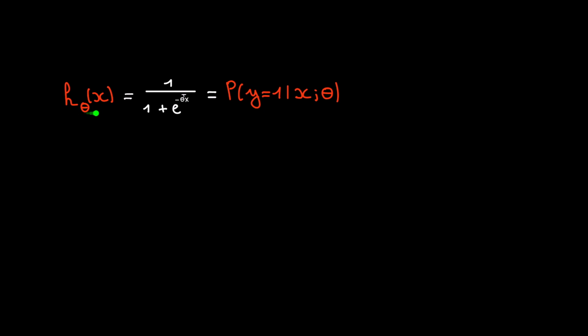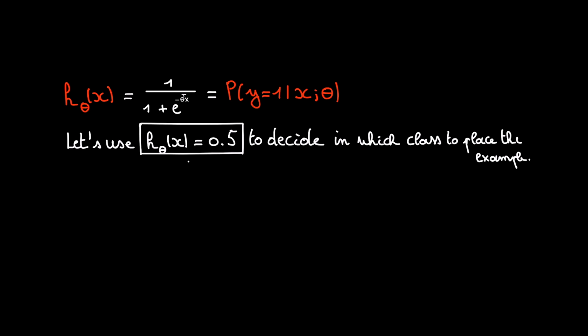Now that our hypothesis tells us the probability that the input belongs to the positive class, it makes way more sense to use the point h equal to 0.5 to decide whether an input belongs to the positive or the negative class.